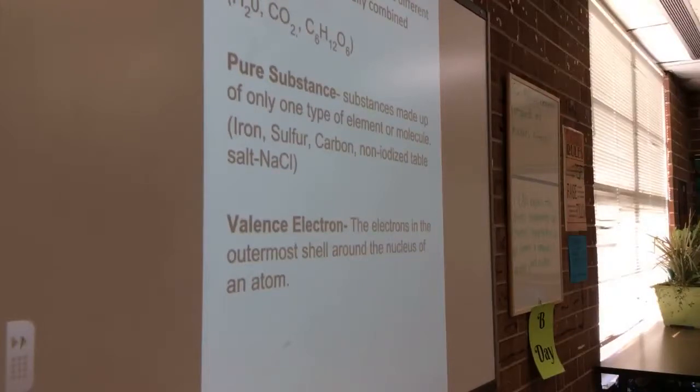Protons, that's my atomic number. The number of protons determines what the atom is. So if I have 6 protons in my atom, it must be a carbon atom. That's the only element on the periodic table that has 6 protons.